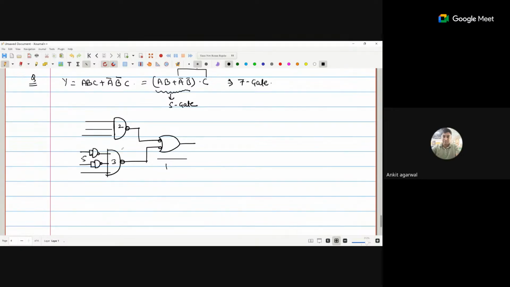Okay. So that is the important thing, because almost every year GATE also asking the question in the same topic. Give any expression and find how many NAND gate is required.